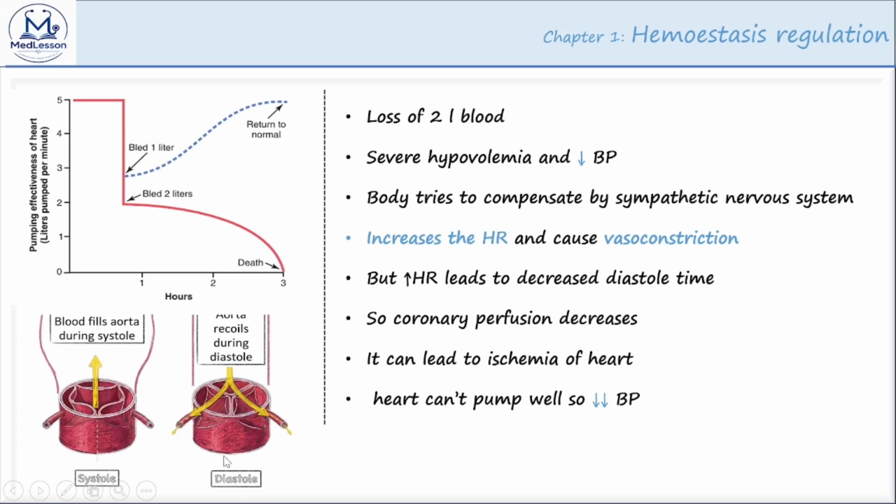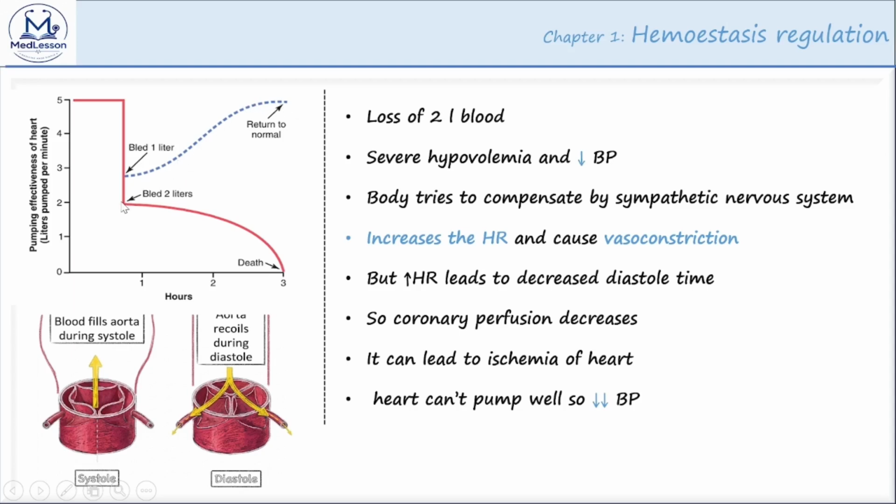So when we understand that, let's go toward this picture. After losing 2 liters of the blood, severe hypovolemia happens, and this decreases the blood pressure. Body tries to compensate by sympathetic nervous system to increase the heart rate and vasoconstriction. The same thing that happens here, that return the body toward the normal.